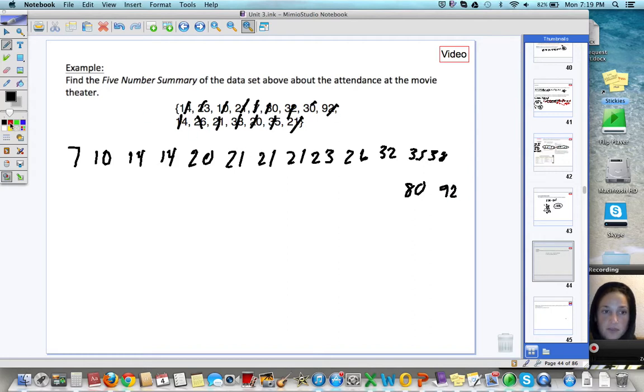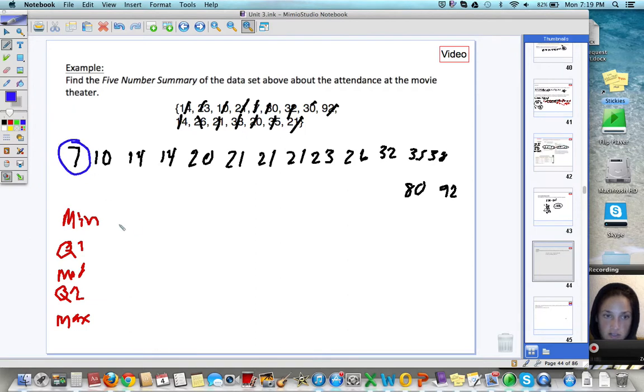All right, so the first thing I want is my min, Q1, my median, my Q2, and my max. It's really easy. My min is going to be my smallest number. My max is going to be my biggest number. For my median, remember, this is where I find my middle number.